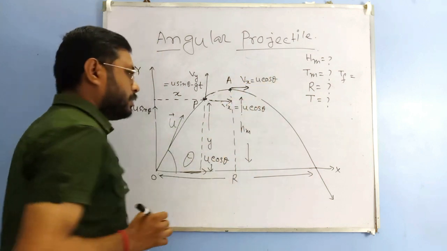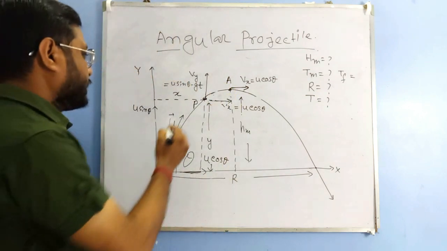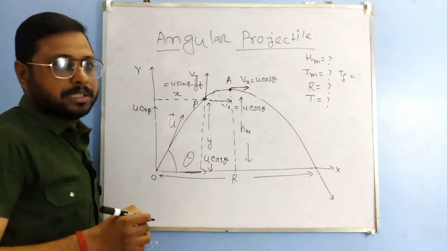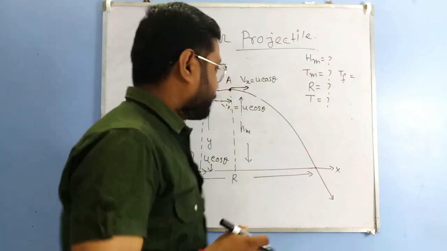So if you are asked what is the velocity of the projectile at the highest point, it is u cos theta, because the vertical component of velocity is 0.